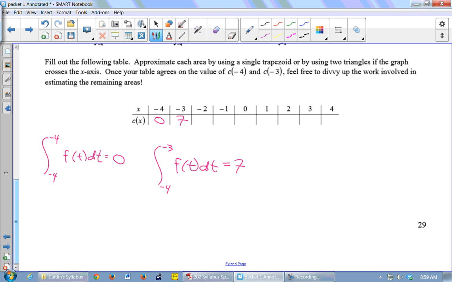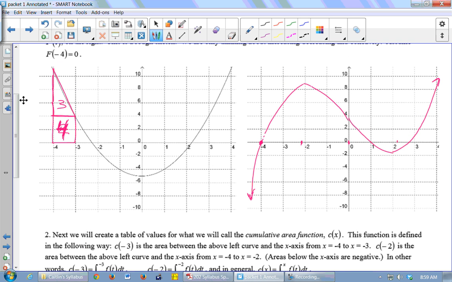All right, and then this next one, this would be the integral from -4 to -2. Okay, so I already know the area from -4 to -3, so I can just add to that the area from -3 to -2. So I've got 2 triangular pieces. One's going to give me some positive area, and the other one's going to give me some negative area. Let's just say that this piece and this piece kind of cancel each other out, roughly.